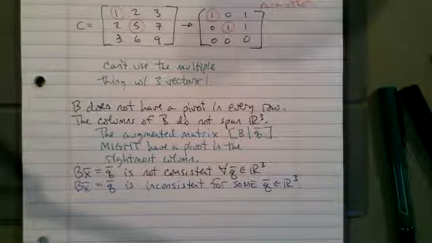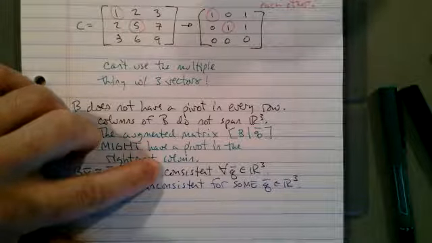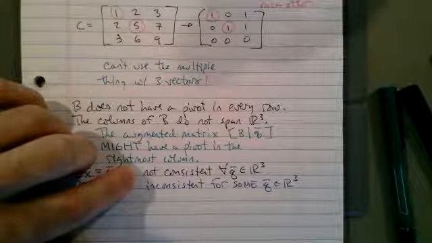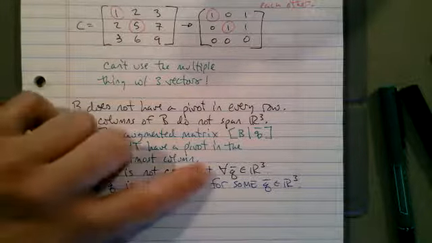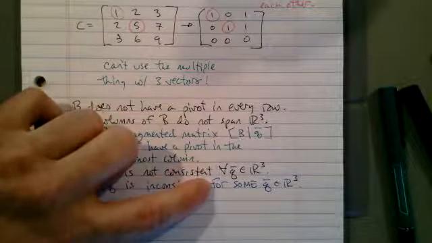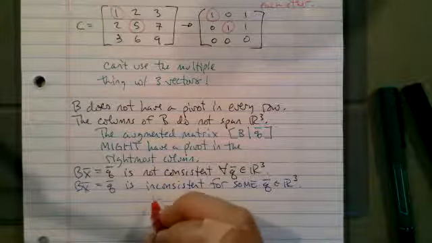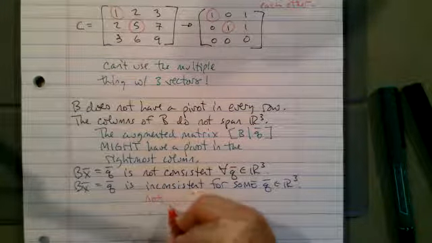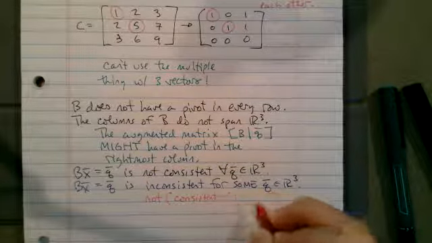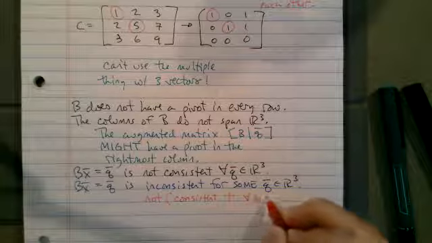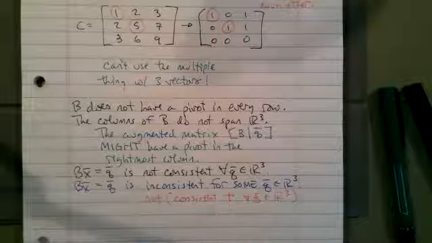So what we have to think about is consistent plus for all Q in R3. If you put a negative in front of that, you can distribute the negative. Negative consistent is inconsistent. Negative for all Q in R3 is for some Q in R3. Does that make sense? Not consistent plus for all Q in R3, and we have to distribute the not.